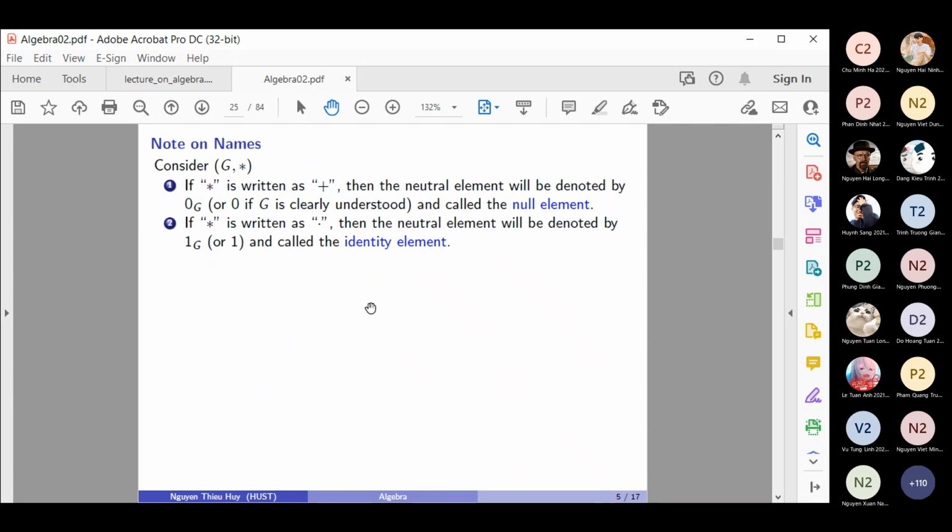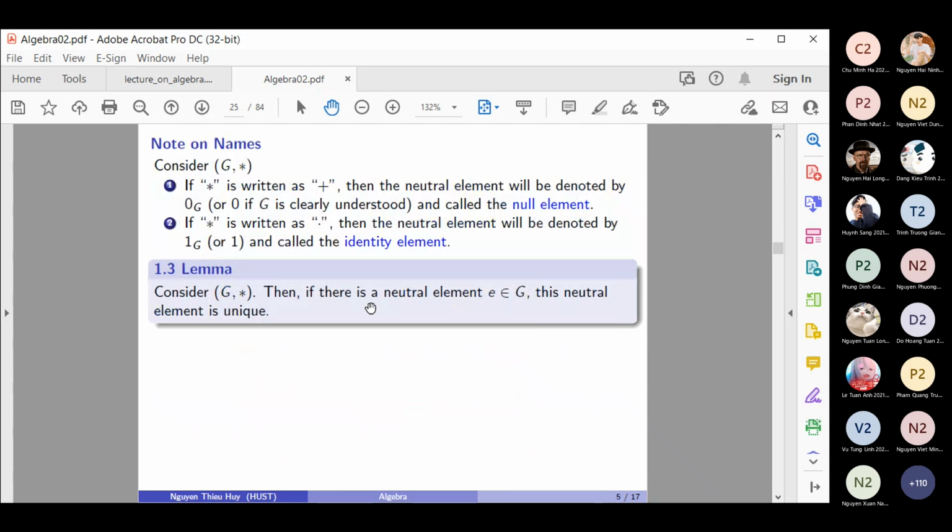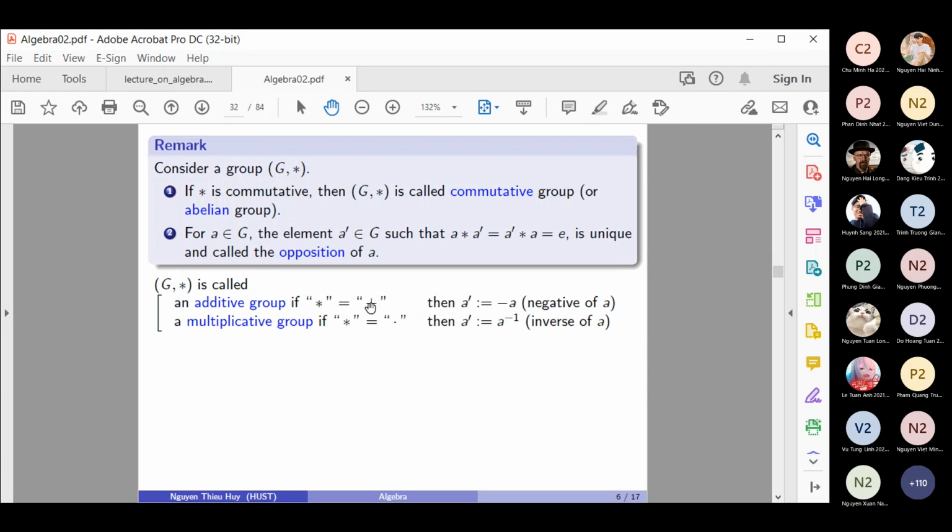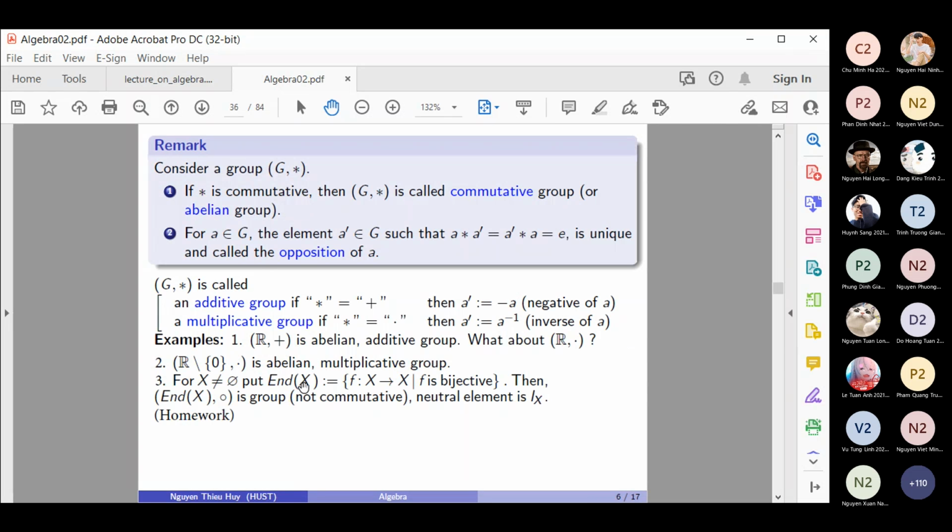Therefore, I consider the following example, and you can check at home. Now I consider the set defined this way, the set of all bijective mappings from X to X. It's not only a mapping, it is a bijective mapping. Then a bijective mapping always has an inverse, and so property 3 of the group is satisfied.